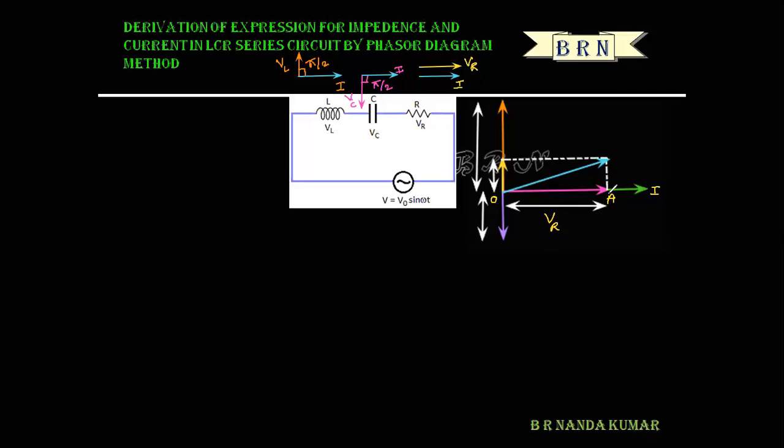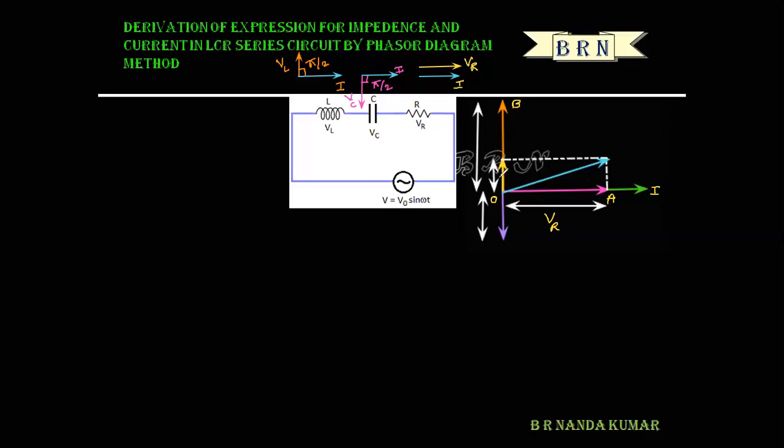Right? So the potential difference across L, which leads the current by an angle pi by 2 radian, is it not? So this is O. That is represented by the rotational vector OB.